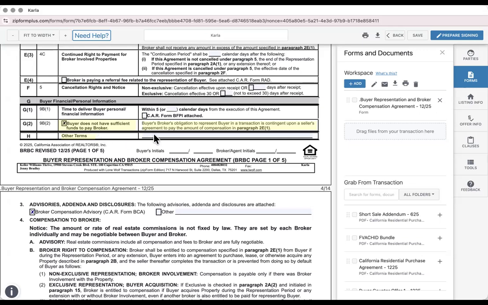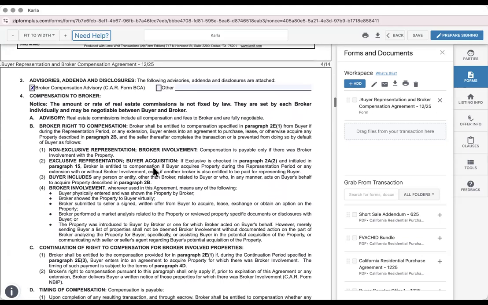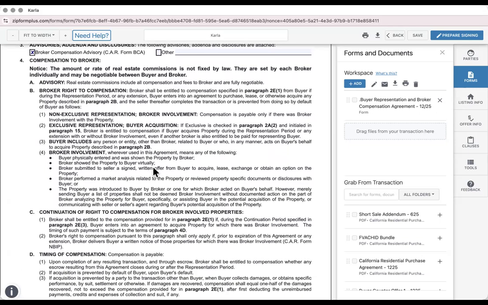Now, other terms, right here, you would put if you're related to the buyer or something like that. Like buyer is realtor's or buyer's agent's nephew or daughter or whatever. All right. Let's see.